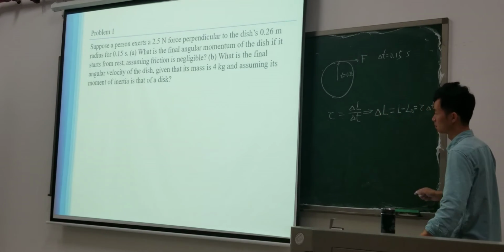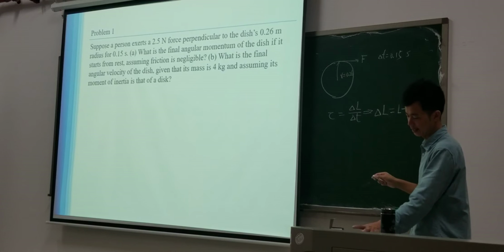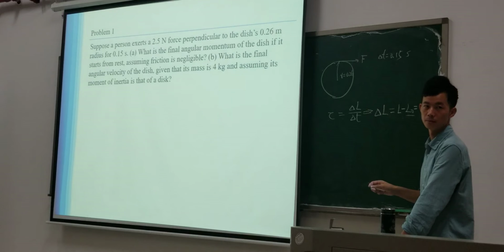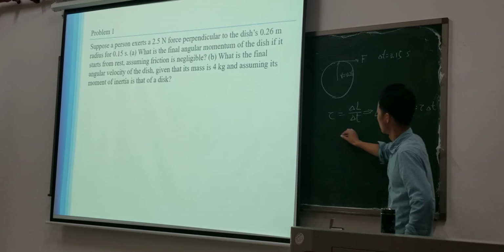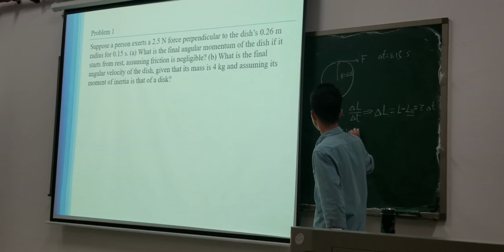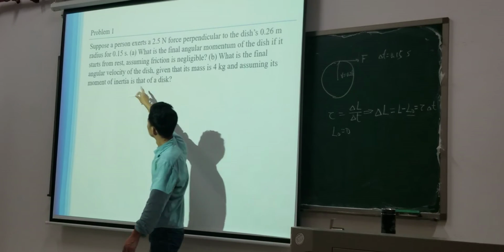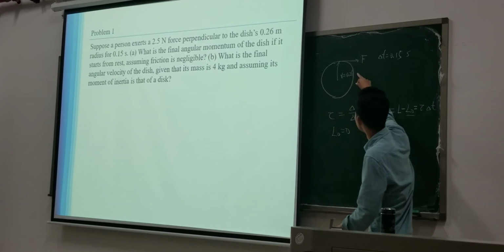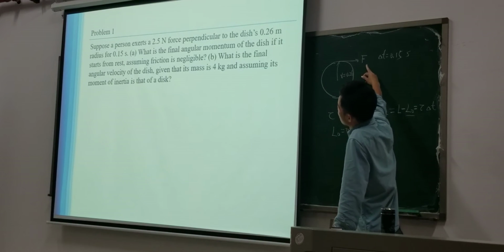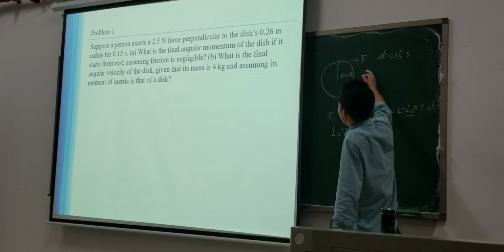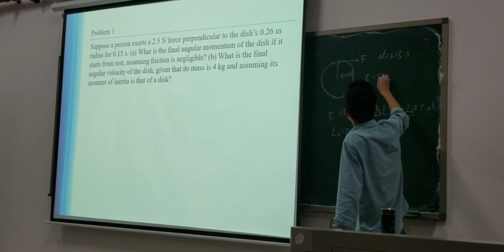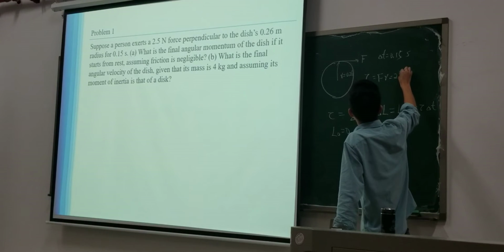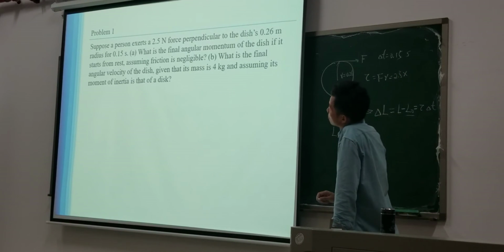In this situation, the disk starts from rest. Starting from rest means L0 is how much? 0. Yes, because it starts from rest, L0 is 0. The F is already known, F is 2.5. So tau is equal to F r, with F equal to 2.5 and r equal to 0.26.